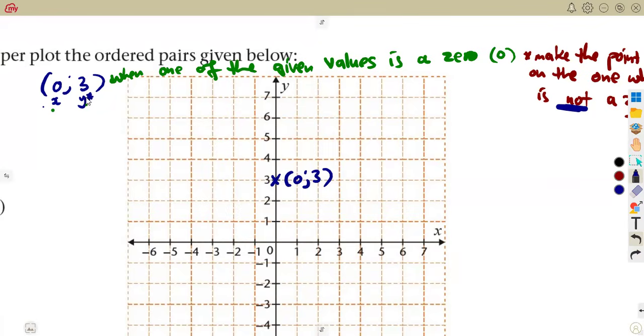If it was like this, guys, if it was (3, 0), it's x, it's y. Y is the one which is 0. One of these is 0. So you mark the one that is given, which is not 0, this one, 3. 3 is for x.